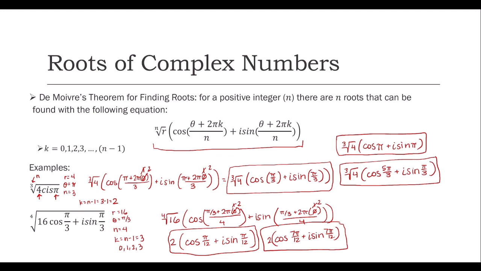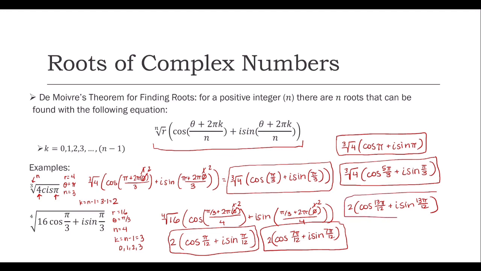So it's going to be 2 times the cosine of pi over 3 plus 4 pi over 4, so that's going to be 13 pi over 3 over 4, which is 13 pi over 12, plus i sine 13 pi over 12.